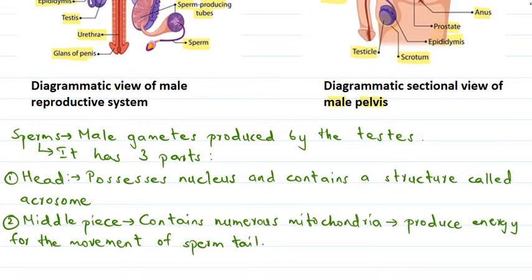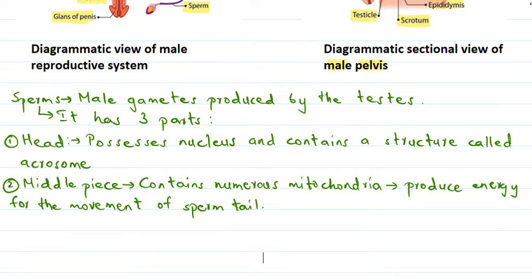Because of it, this thereby facilitates sperm movement inside the female reproductive tract, which is very much essential for the process of fertilization to take place.